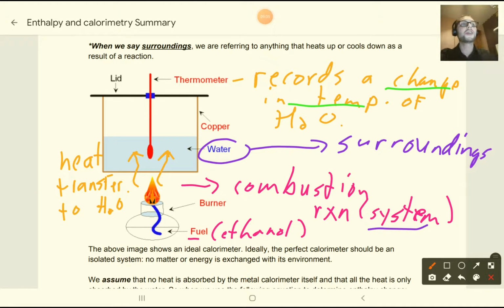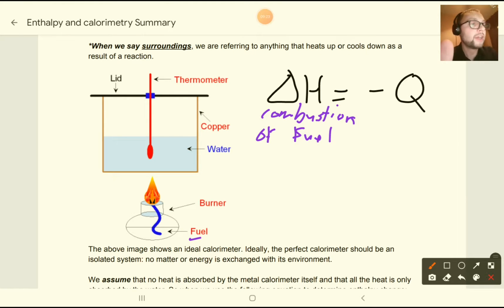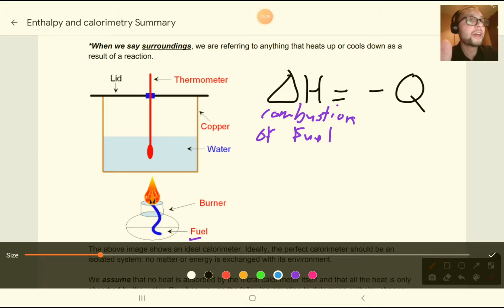And so our equation would look something like this. So we would have the enthalpy change of the combustion of fuel, we'll just say whatever this is, it could be anything, of fuel is equal to the negative Q that is experienced by the water.